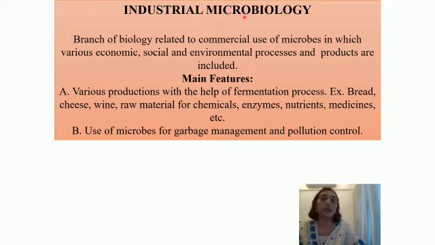Then we know that microorganisms even play a very crucial role in the biogeochemical cycles. All dead and decaying organic matter is decomposed by these microbes, and then the nutrients return back to the environment. So this is one another way in which the microorganisms play a very important role.